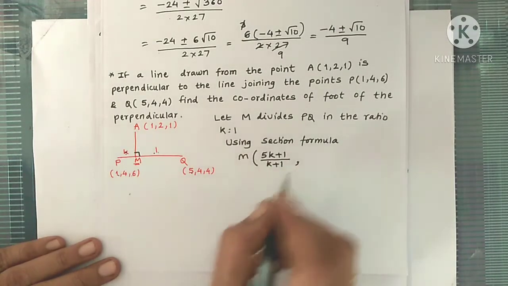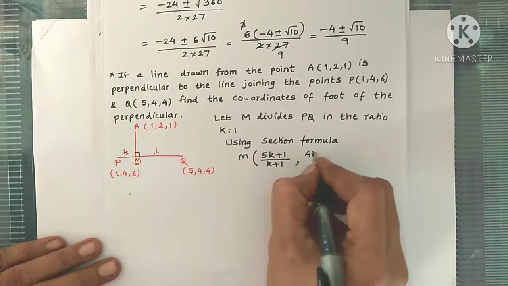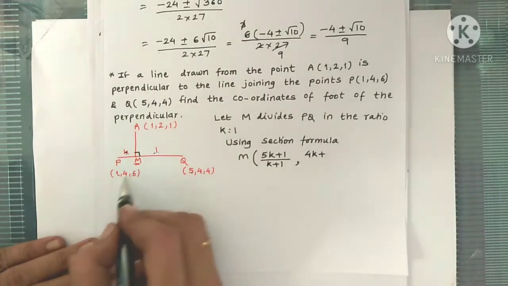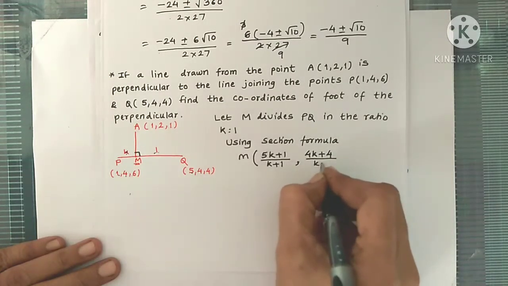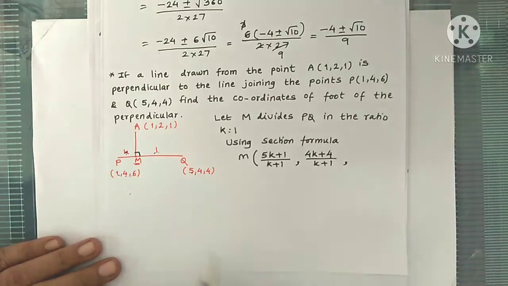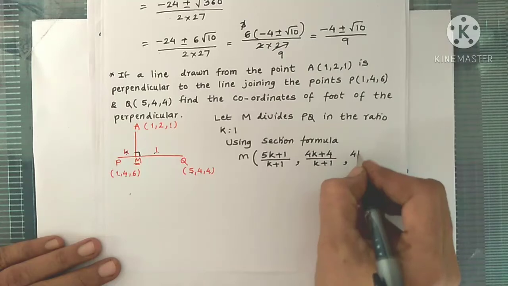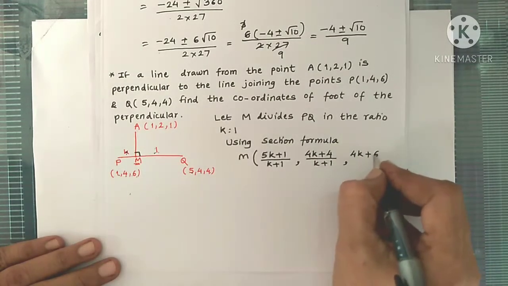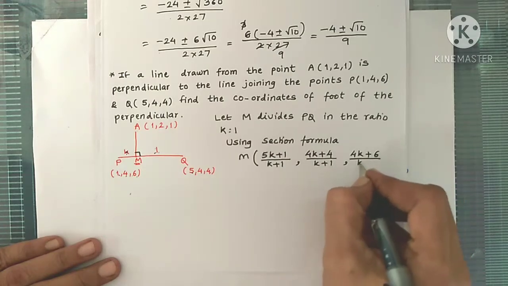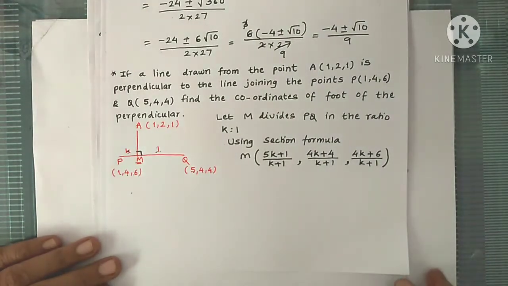For the y coordinate, k into 4, that is 4k, plus 1 into 4, that is 4, upon k plus 1. And the z coordinate is k into 4, that is 4k, plus 1 into 6, divided by m plus n, which is k plus 1. So we now have the coordinates of M.